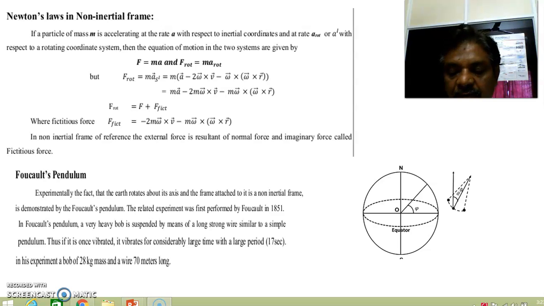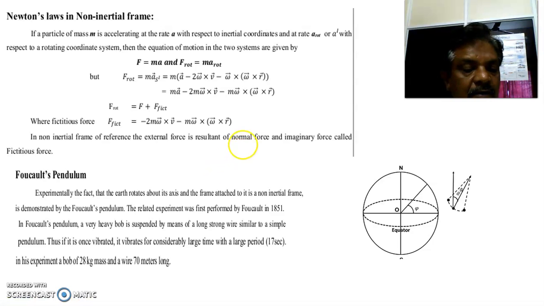the frame of reference, and what the value of this is will be explained. It is calculated in this fashion. Now the time period of this Foucault pendulum: here this is the north side of the earth, this is the south side, and this is the equator.